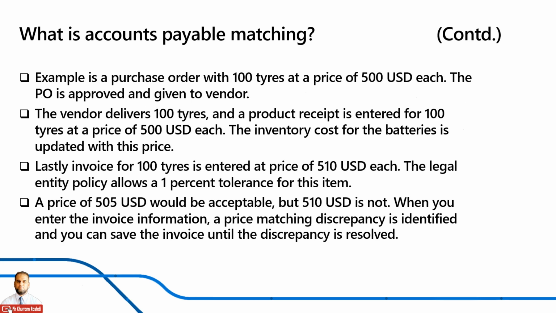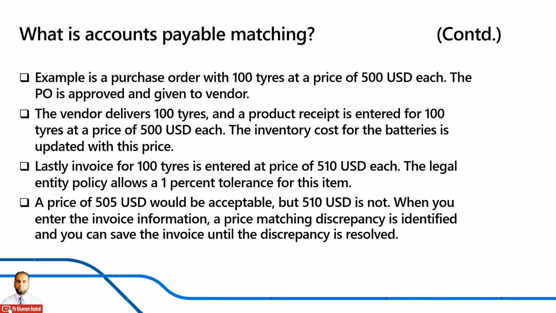An example of this is when a purchase order is placed to a vendor or supplier for 100 tires at a price of 500 USD each. The PO is approved and given to the vendor, and then the vendor delivers the same quantity of the product, 100 tires, and the product receipt is entered in the system for 100 tires at a price of 500 USD each.